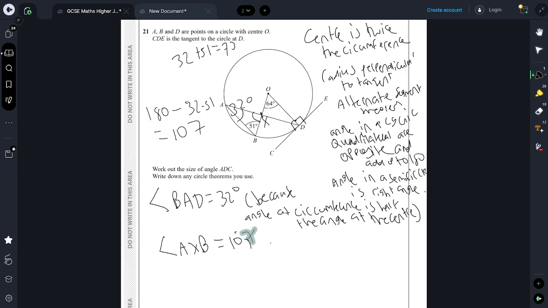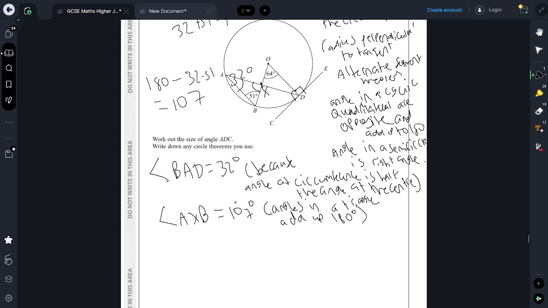107 degrees. The reasoning is angles in a triangle add up to 180 degrees. Now, you don't actually have to write this bit. The only thing it wants you to do is write down any circle theorems you use. This is not a circle theorem, so you could just say it's 107.